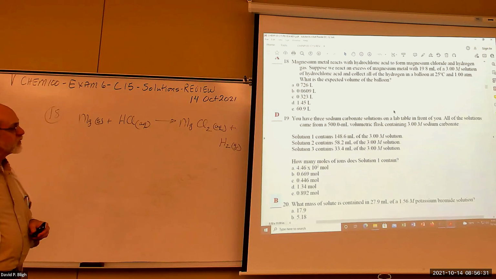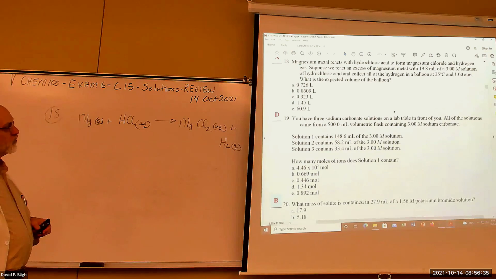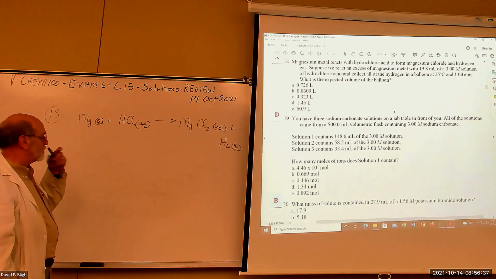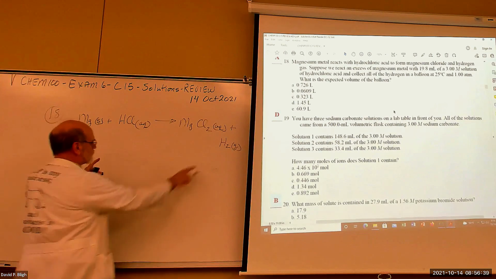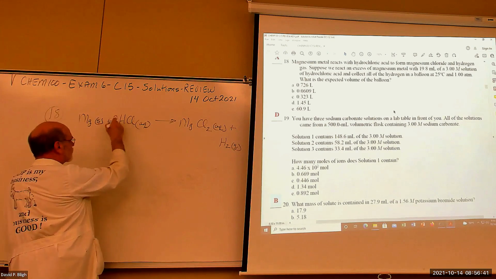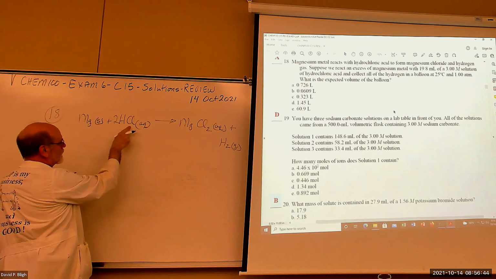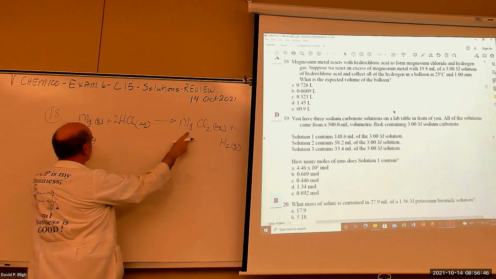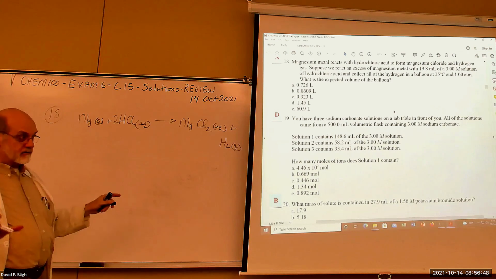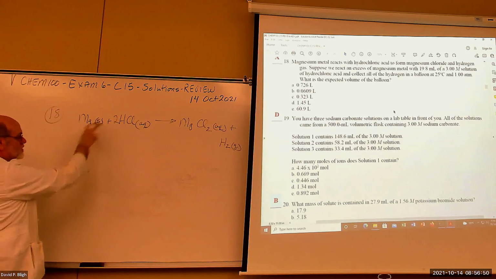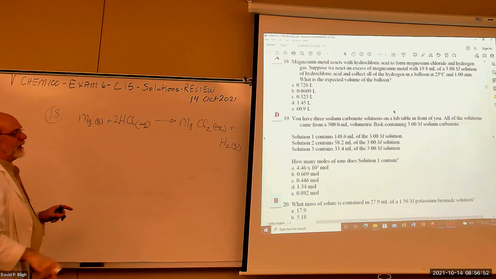So are we going to need this one balanced? Yeah, we're going to have to balance this one. So we've got two hydrogens here. We need two hydrogens there. That gives us two chlorides, one magnesium. That's it, we're balanced. Just one change and we're balanced.